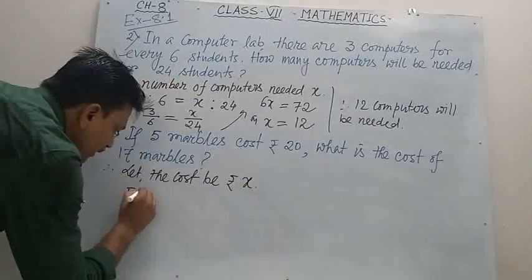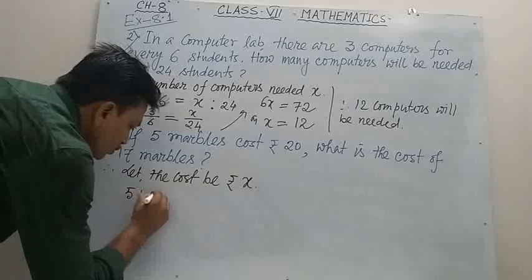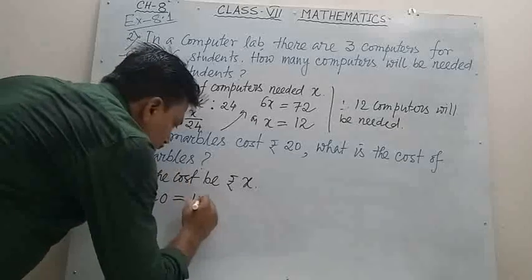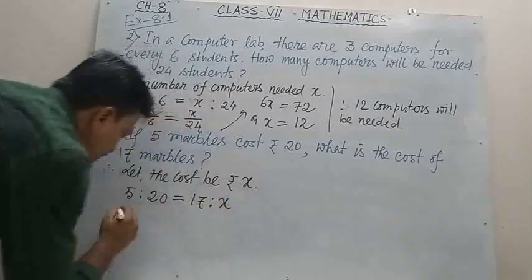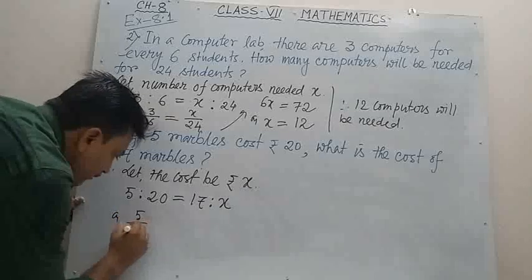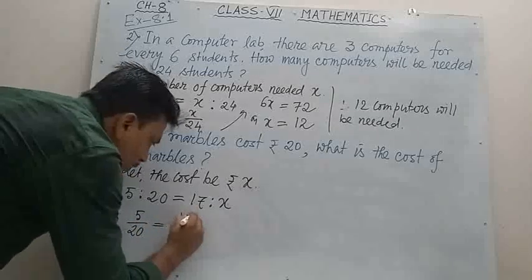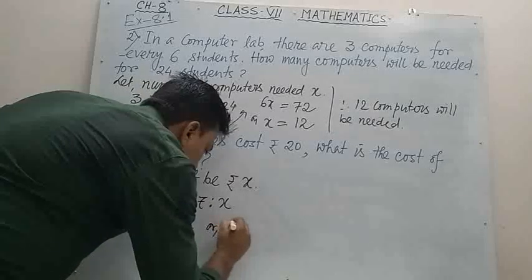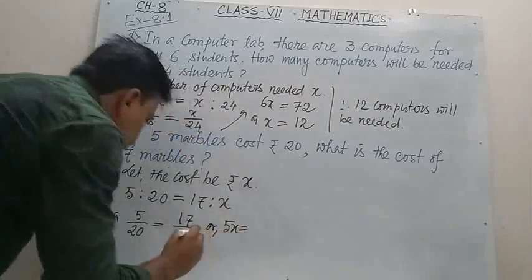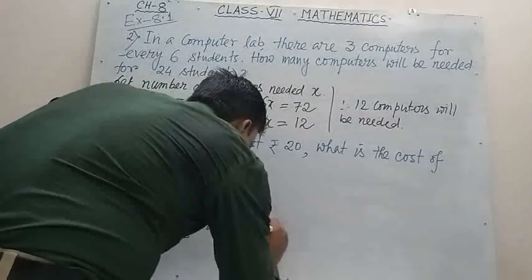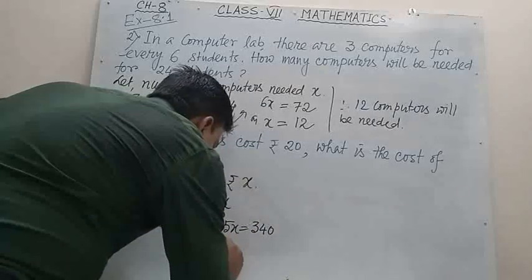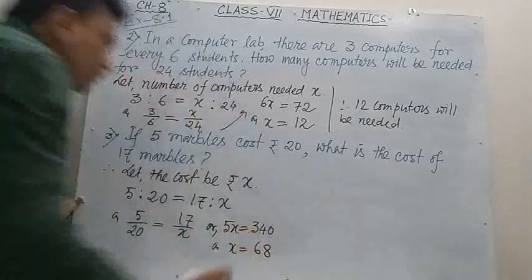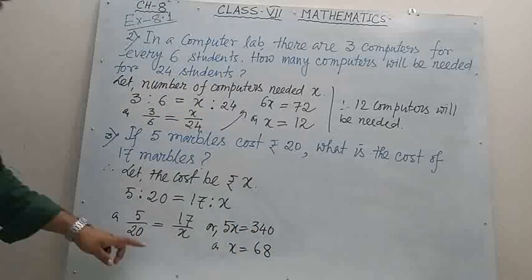So the number of marbles 5 is to amount 20, this equals number of marbles 17 is to X, or 5/20 equals 17/X, or 5x equals 340, or x equals... 5 6s are 30, 5 8s are 40, x equals 68.